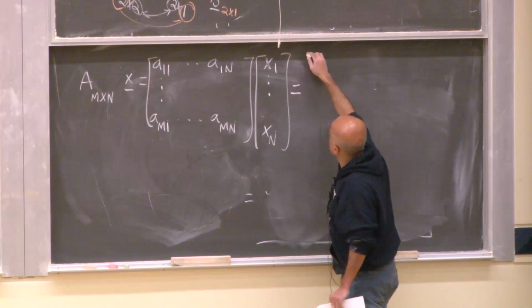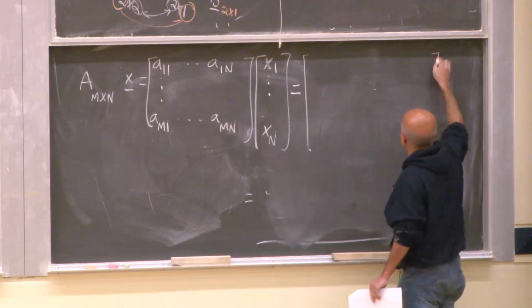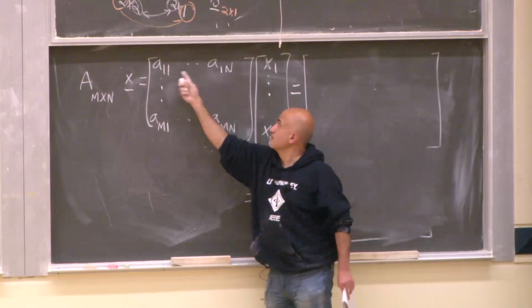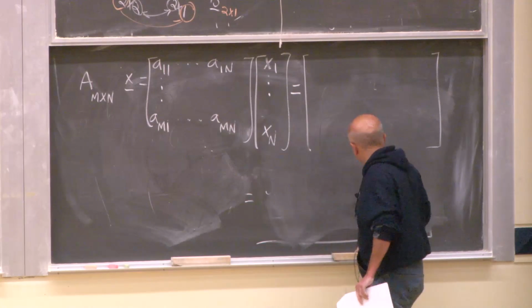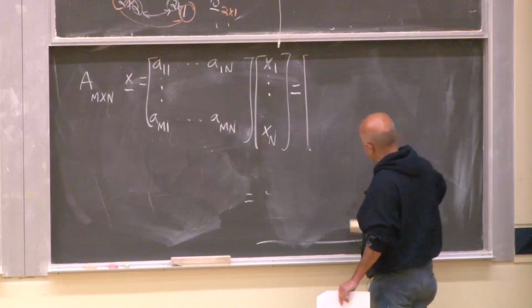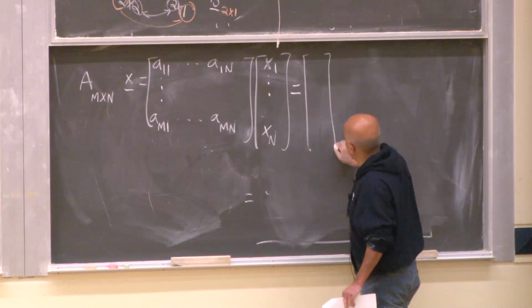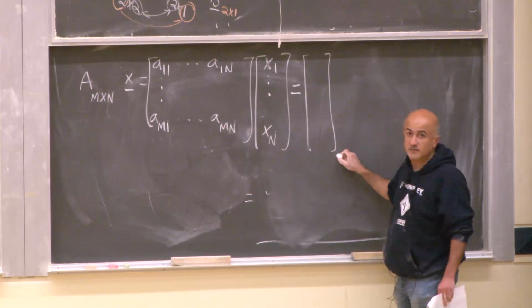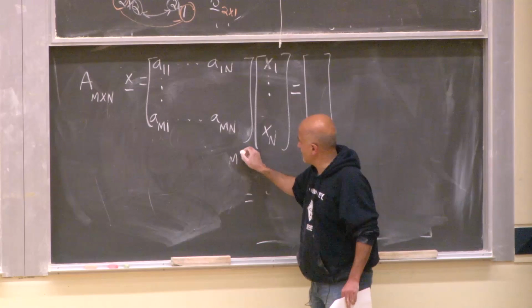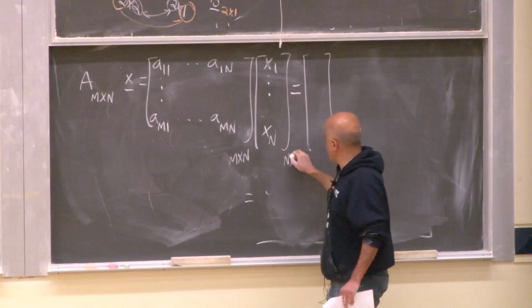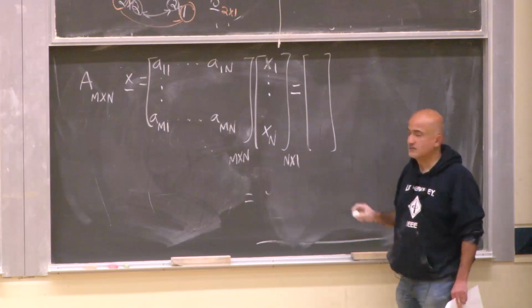And what would be the top left entry of, oh, whoops, I get a vector. What size vector do I get? This is m by n. This is n by 1. What do I get here?